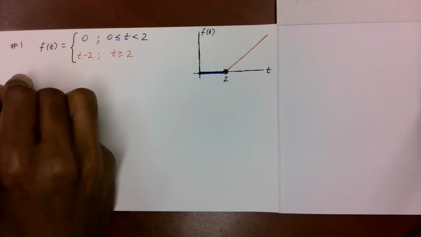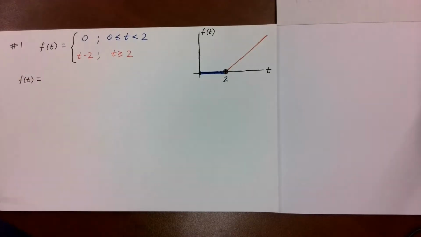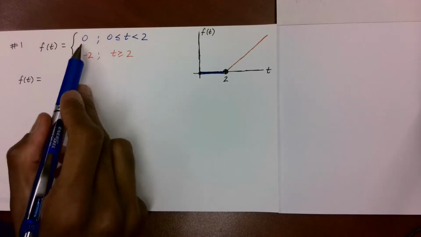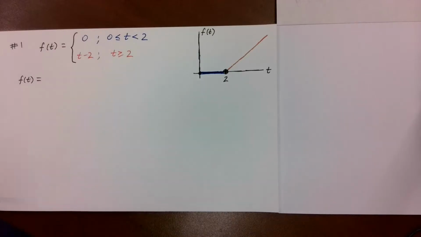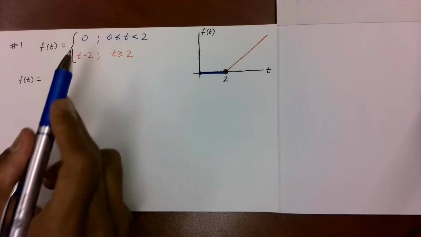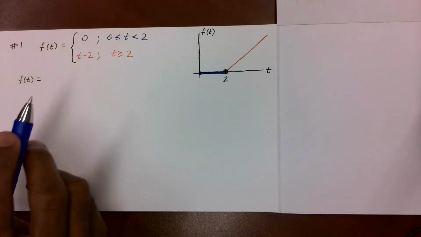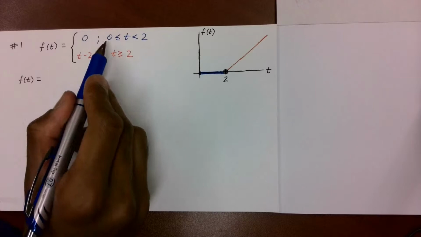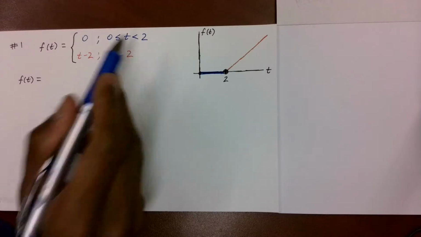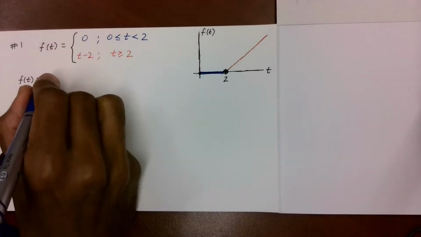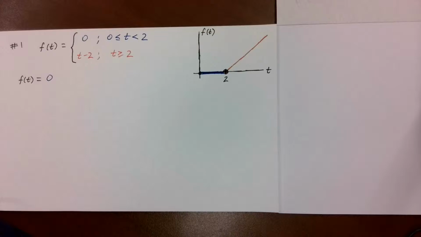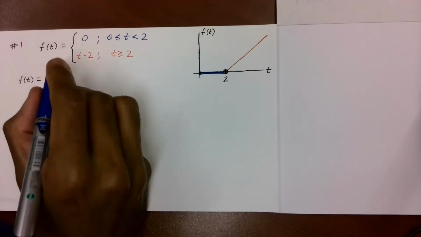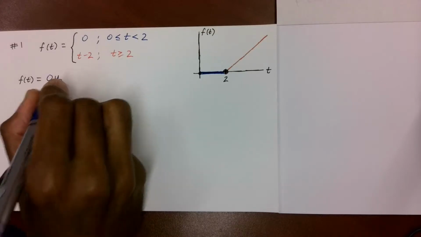Although 0 is a trivial case, let us still go ahead and write 0 using unit step functions. So the function is 0 on the domain 0 to 2. So that means we start off with a 0, and I'm going to attach u0 with it.